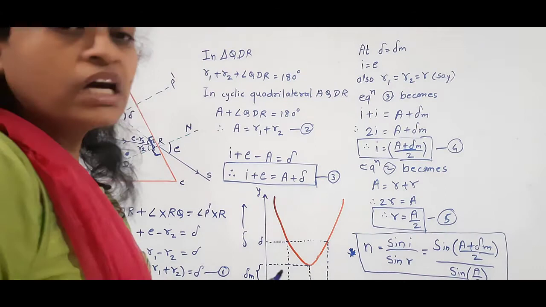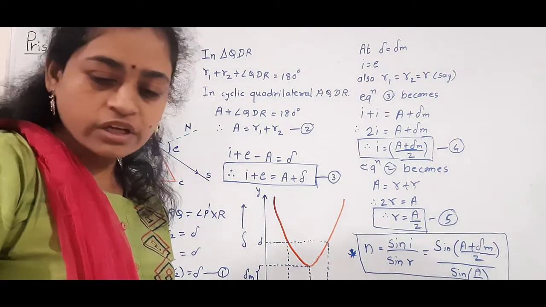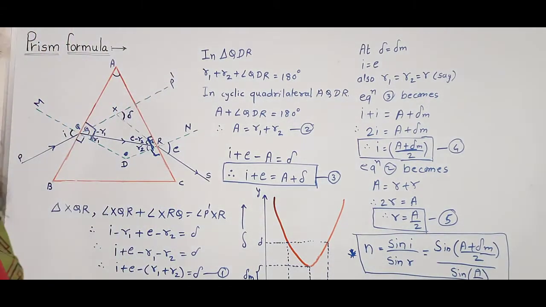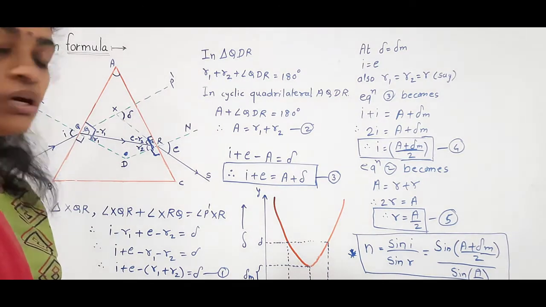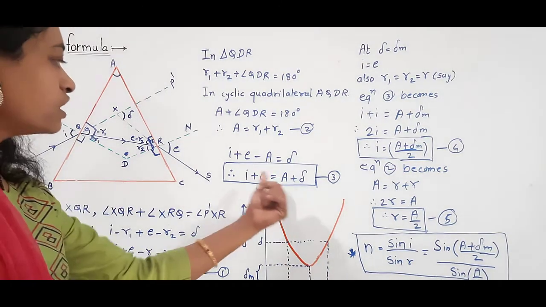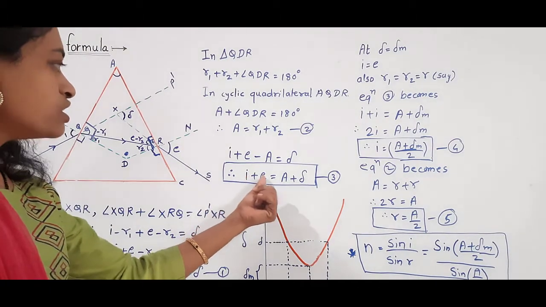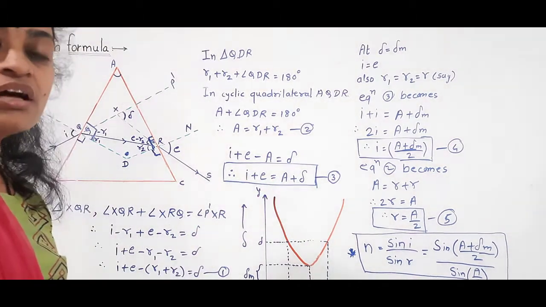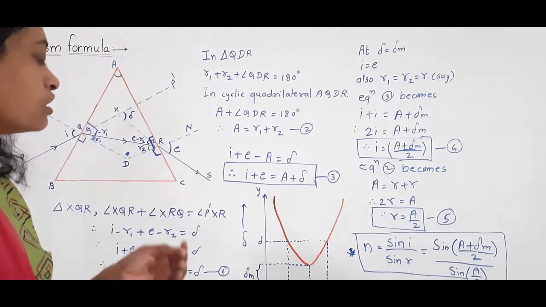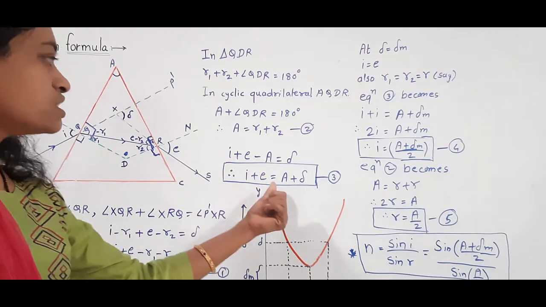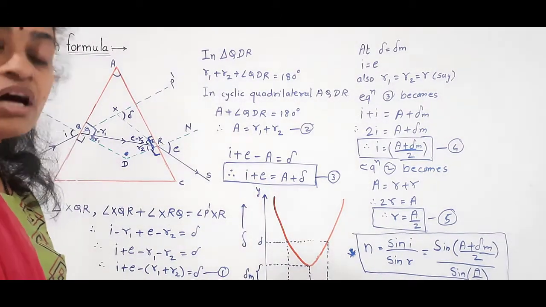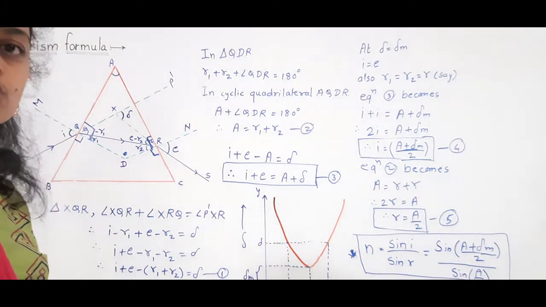This formula is very important. In the examination, two types of questions are asked on this topic. First question is the relation between the angles involved, that is I plus E is equal to A plus delta. The question is like this: prove I plus E is equal to A plus delta, where symbols have their usual meanings.